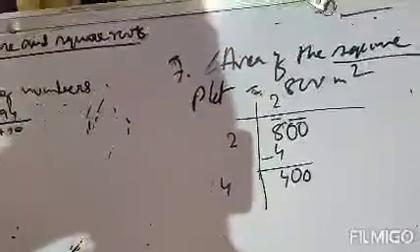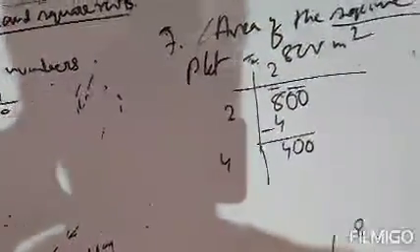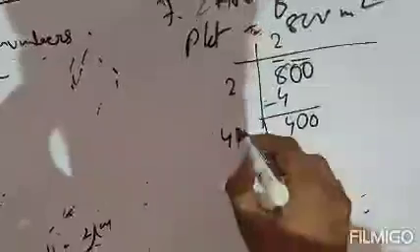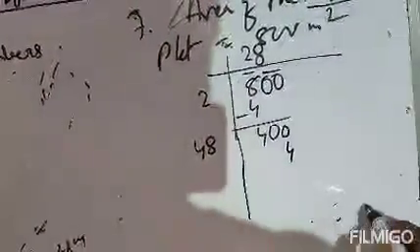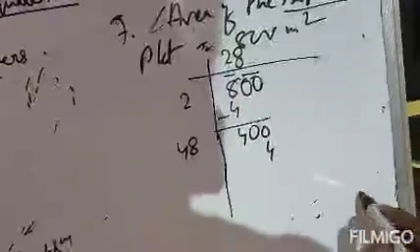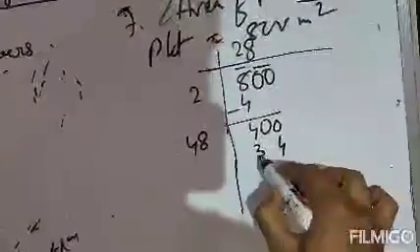So do it by 9. 9 9s are 81, carry 1, 9 4s are 36, and 1 is 37, making 441. That means we will divide by 8. 8 8s are 64, carry 6. 8 4s are 32, and 6 are 38.